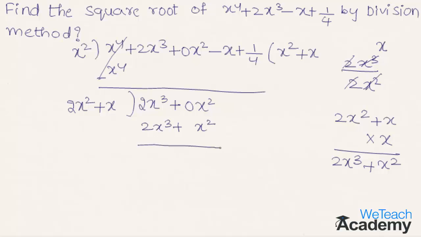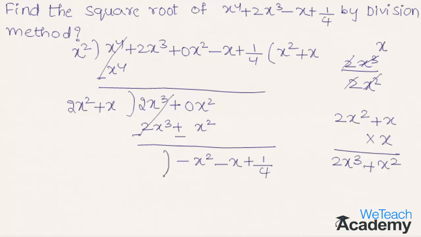By subtracting, the additive inverse of plus 2x cube is minus 2x cube and the additive inverse of plus x square is minus x square. Plus 2x cube and minus 2x cube get cancelled, and 0x square minus x square would be minus x square. Now let us bring the remaining two terms, minus x plus 1 by 4, down. So we get the new dividend as minus x square minus x plus 1 by 4.